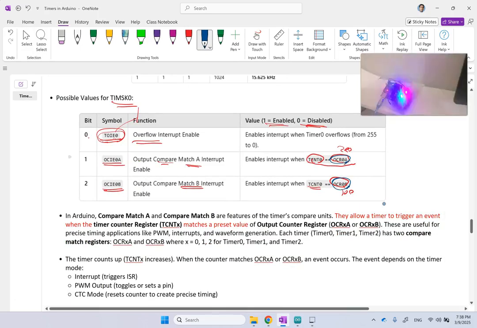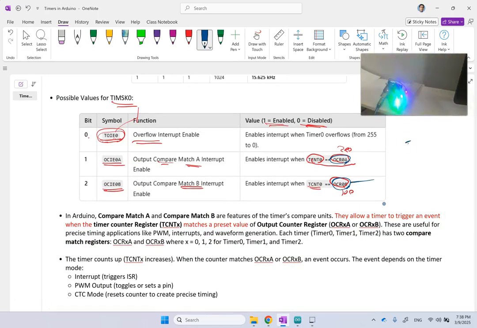There are two of them that you can activate. So you can activate the ISR one time for, let's say, 100, one time for 200, or one time for 50, one time for 220. So there are two set values that you can determine for the maximum number it counts to and resets and activates the ISR. And that is called the compare mode.